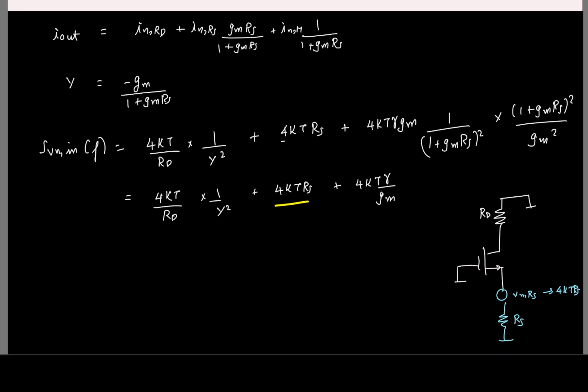Instead of this, I can also say that I have, at the gate, minus VN RS. I can as well say that this is the circuit, right? So now it's trivial. The input referred noise of this is already up there for you. It is simply VNRS, and that's why we have this guy.